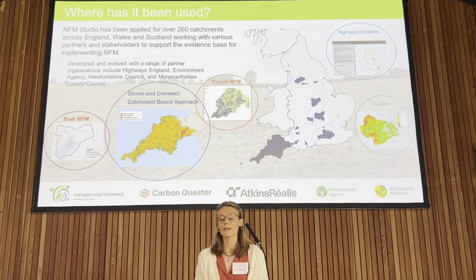And also the Frome catchment over Bristol, developing and integrating it with the sustainable urban drainage model outputs, so combining the benefits that can be achieved from the different types of measures, natural flood management and urban sustainable drainage, because that catchment had a rural upper headwaters and then quite an urban lower part of the catchment.